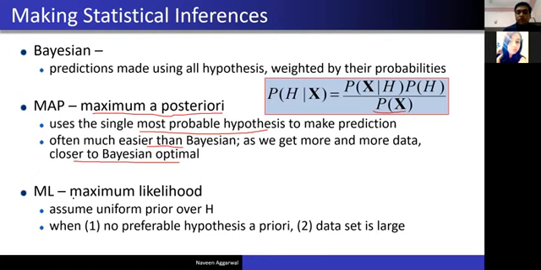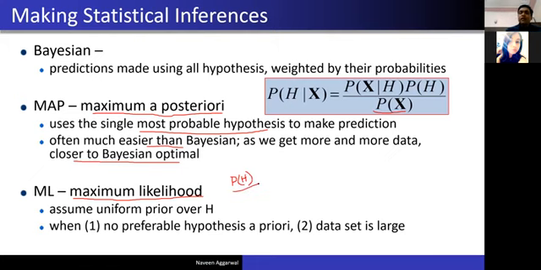And if you remember, we have also discussed the maximum likelihood. If we assume a uniform prior, that is, the probability of H for all the classes is equal, then that numerator part is equal for all the classes and we can ignore it.